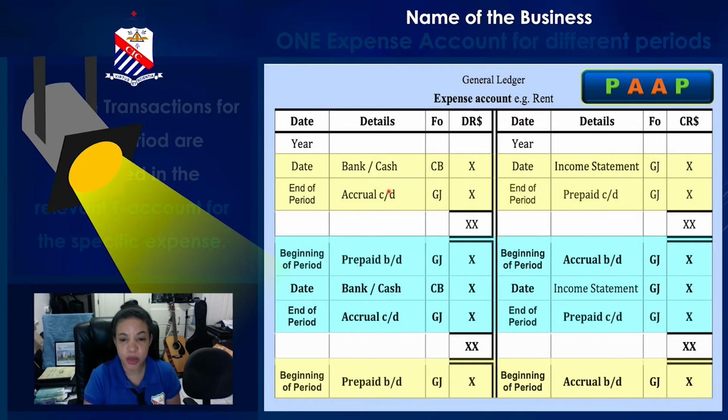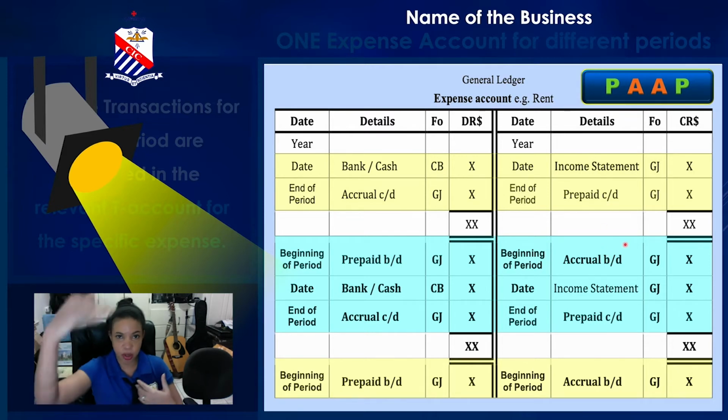And the reason why we call it carry down is because the next period is right below it. So you don't open a separate account for it and go across like we had seen. That was just to demonstrate the different periods. You actually have it in the same account and you carry it down, bring it down, carry down, bring down. So you just keep on going down until you run out of space.